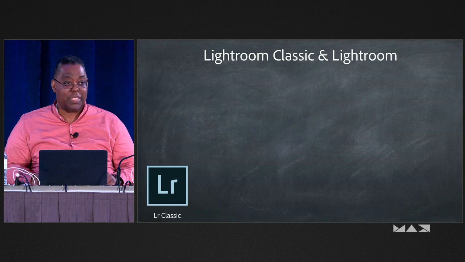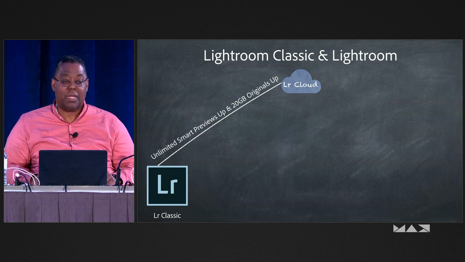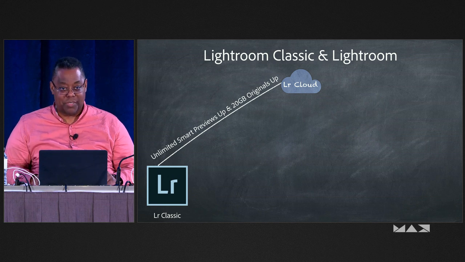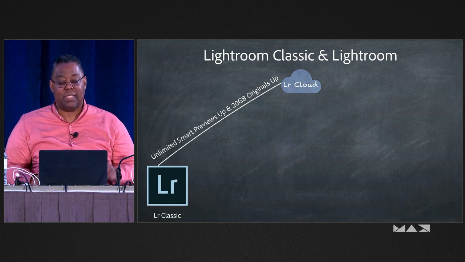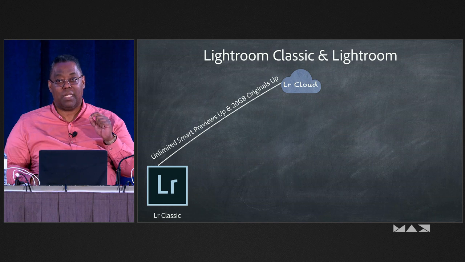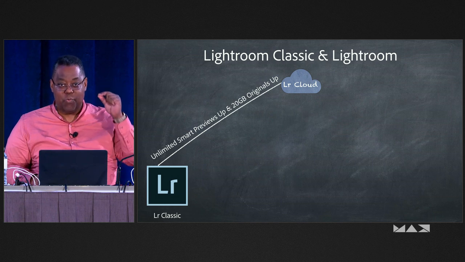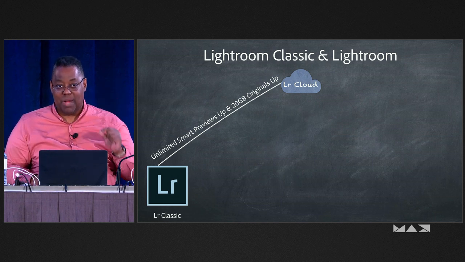Well, in the Lightroom Classic that I've been using for years, both products talk to Lightroom Cloud. Classic only syncs smart previews. So what does that mean? It means that I pick which collections or albums to sync.